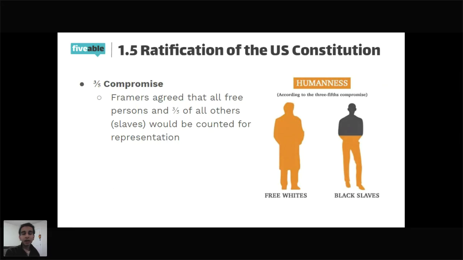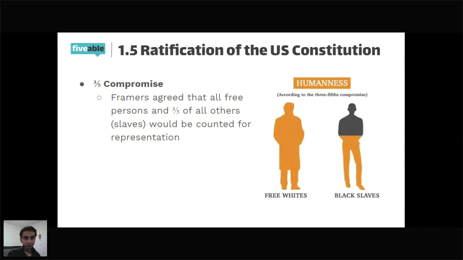So if the South included the slaves in their count for population, they'd have more representation in the House of Representatives, right? So that's why the South wanted to count the slaves as part of their count. However, the compromise between the North and the South was that all slaves would be counted as 3/5. So does that make sense in terms of why the South wanted the one whole person?